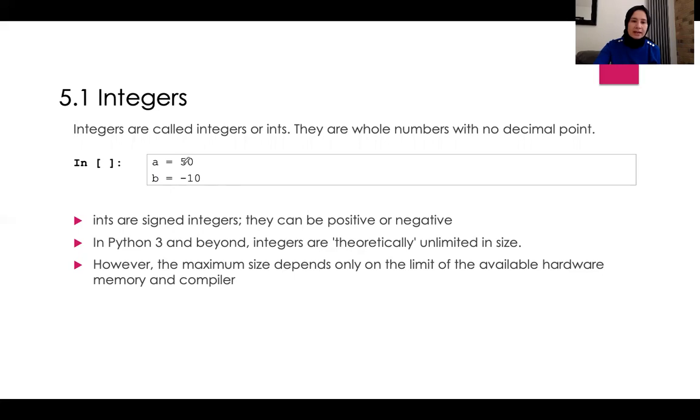It means that they can be positive, as you can see, and they can be negative. In this example, we have 2 variables, A and B, and we assign 50 to A, and we assign -10 to B. And in Python 3 and beyond, integers are theoretically unlimited in size. However, the maximum size of the integer depends only on the limit of available hardware memory or the compiler that you are using.